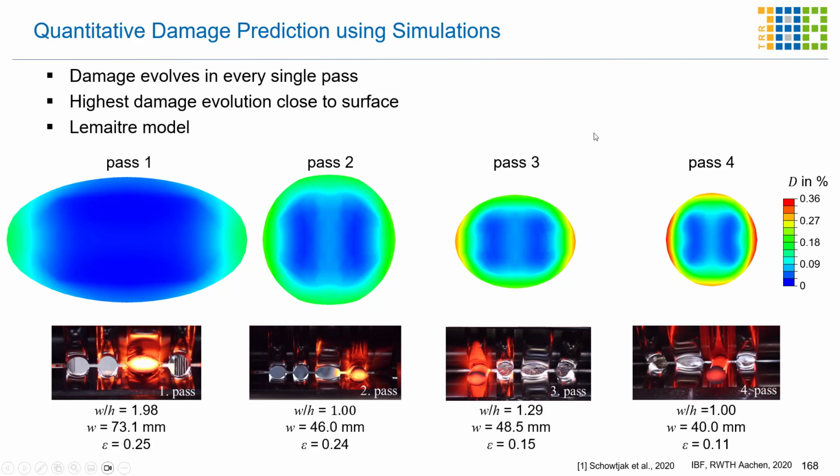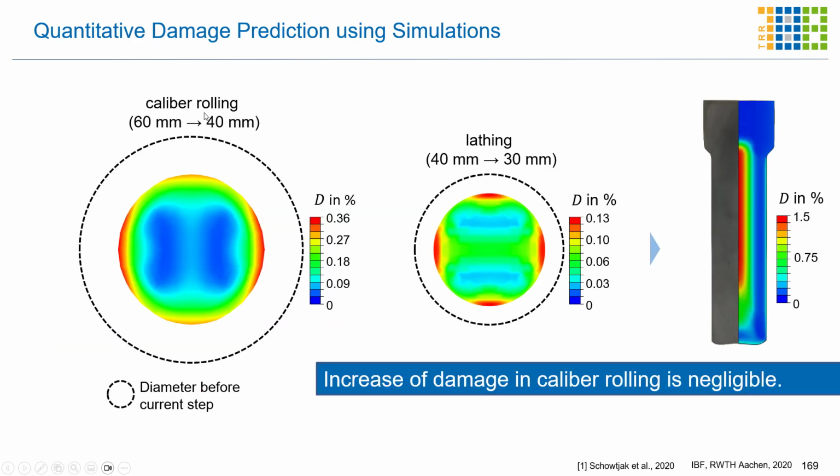After the caliber rolling, a cutting procedure was performed because the cross section is not perfectly round, and therefore we have to cut the specimen to perform the subsequent cold forging. As you can see here, the dashed line was our initial radius, and after the caliber rolling we have a reduction to 40 millimeters, and then an additional reduction of the diameter by cutting to 30 millimeters.